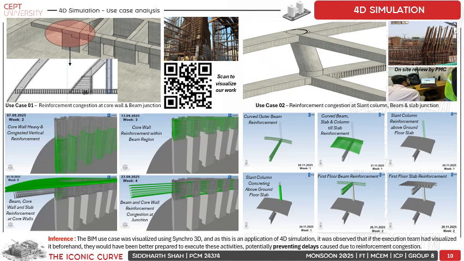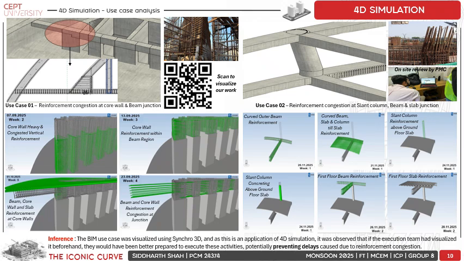So the beam use case was visualized using Synchro 3D, and it was observed that if the execution team had visualized it beforehand, they would have been better prepared to execute these activities, potentially preventing delays caused by the reinforcement congestion.